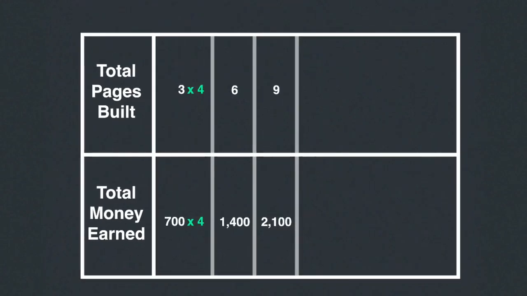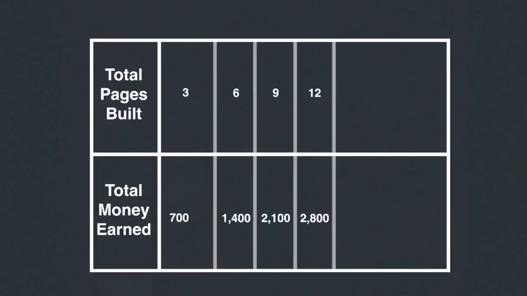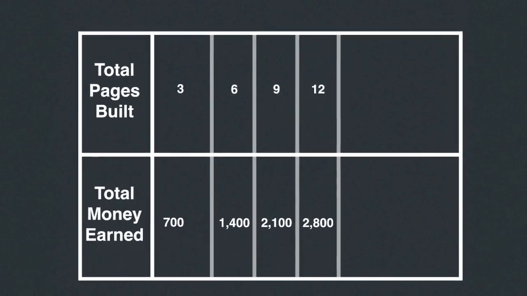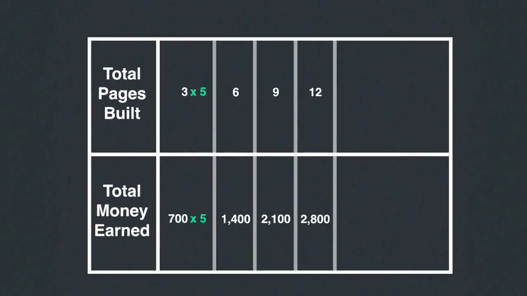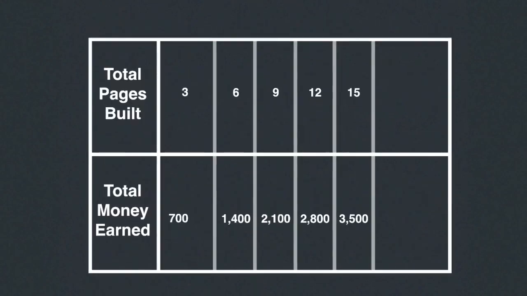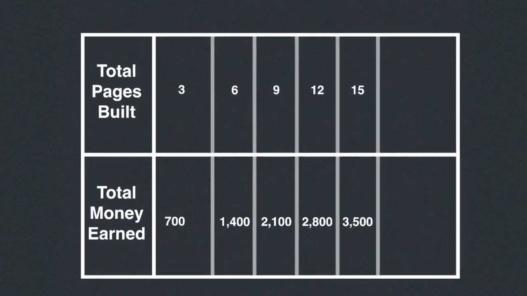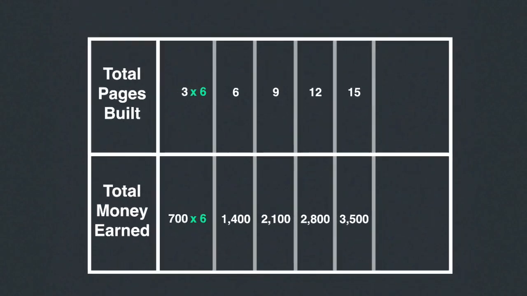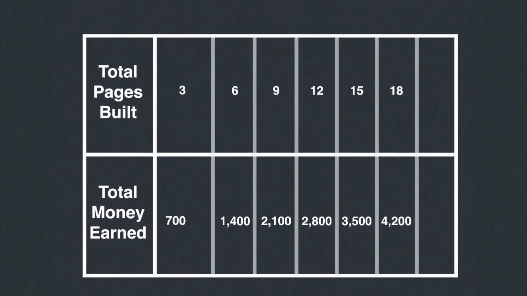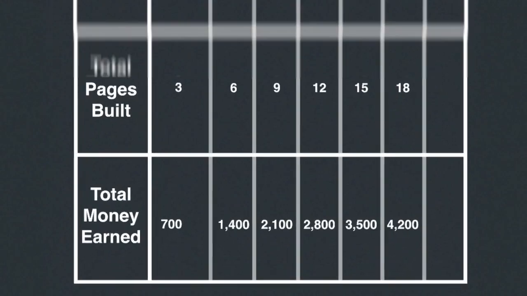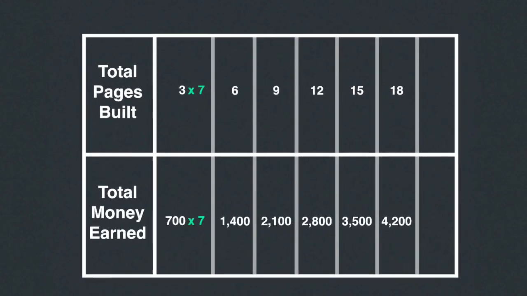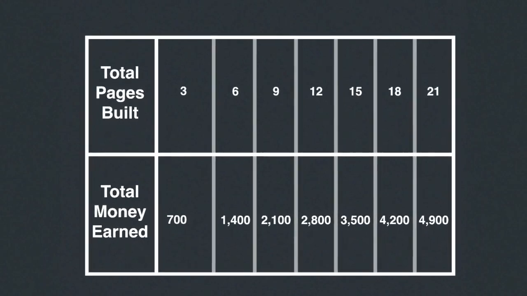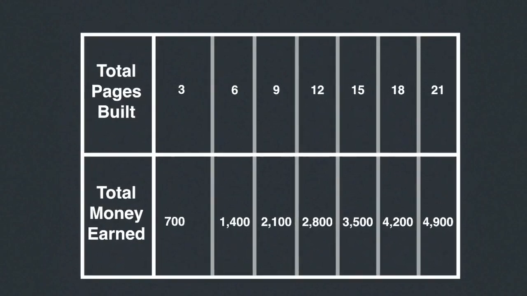What if he did 4 times as many? 4 times as many pages would be 12 pages of web content, and he'd be earning $2,800. 5 times as many? 15 pages designed, $3,500 earned. 6 times as much? 18 pages designed, $4,200. And just for fun, what if he did 7 times as much? Then he would be making 21 pages of web content and earning $4,900.